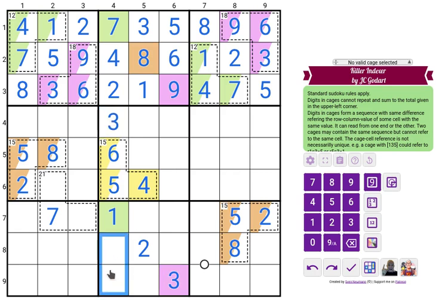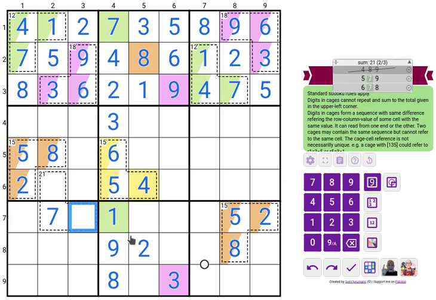And then 8 9, so 8 9. 8 8. So 8 goes here, which fixes this cage of 21.